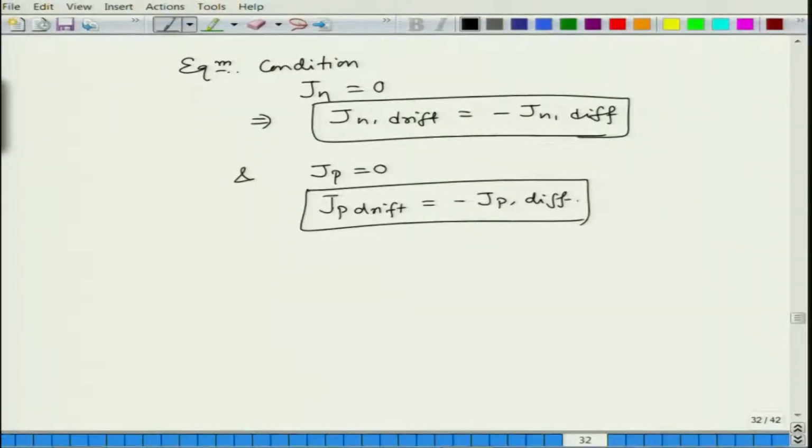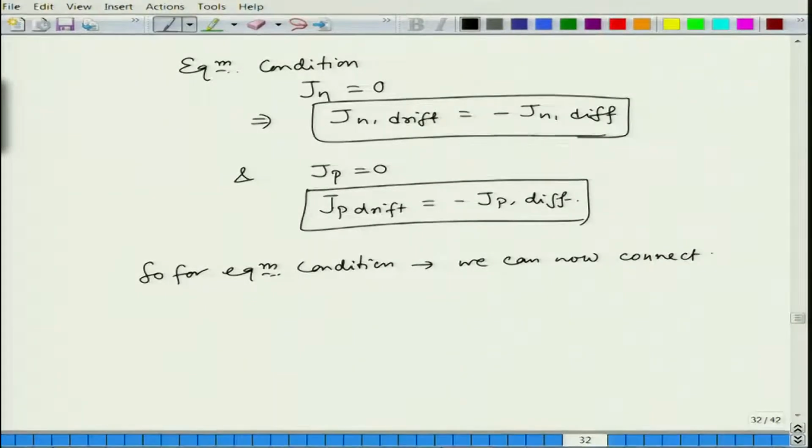Now, we are in a position to connect these two, the diffusion coefficient and mobility. So, for equilibrium condition we can now connect, because you can see that on the left hand side you have this mu and on the right hand side you have capital D or diffusion coefficient.